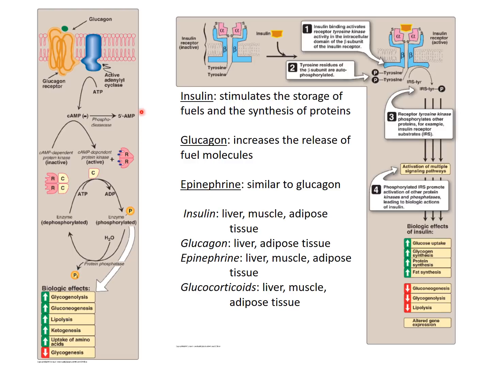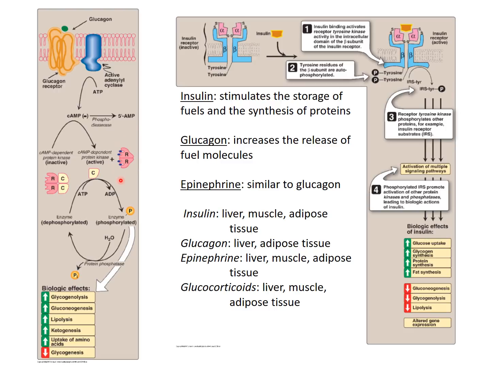All right, so again, review. Glucagon acts through the glucagon receptor, a G protein coupled receptor, which activates adenylate cyclase. Cyclic AMP is produced, which will activate cyclic AMP-dependent protein kinase.